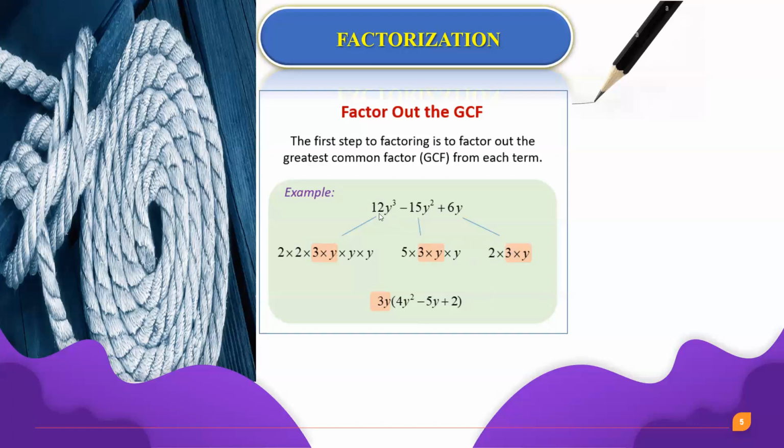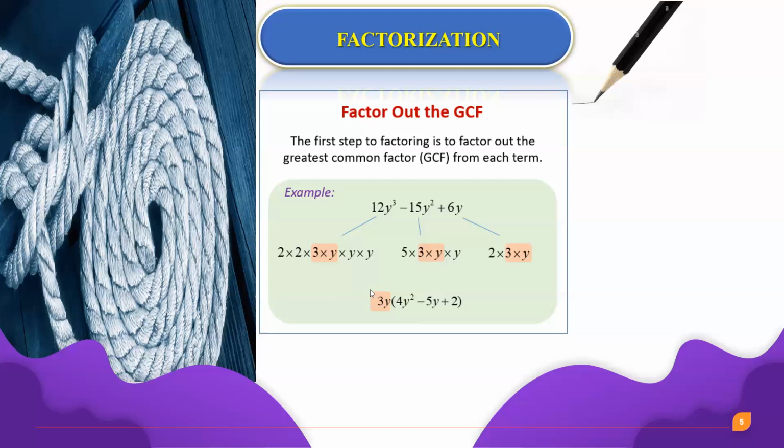So 12 is the coefficient of y power 3, 15 is the coefficient of y squared and 6 is the coefficient of y. You cannot add these terms because they have different powers, but they can have a greatest common factor, which is 3y in all three terms.